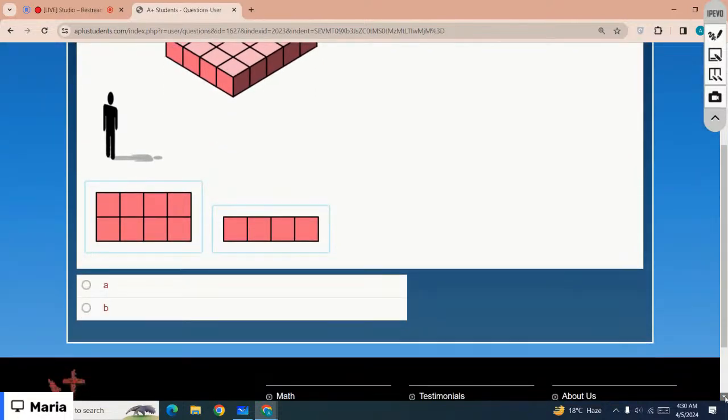A or B? Yes, option number B is the correct option.